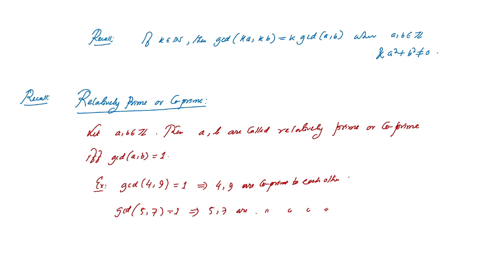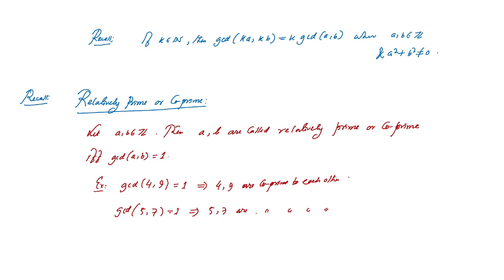Now we come to the next important concept. You can consider it as a theorem. The theorem is for the co-prime case, where A and B are prime to each other.